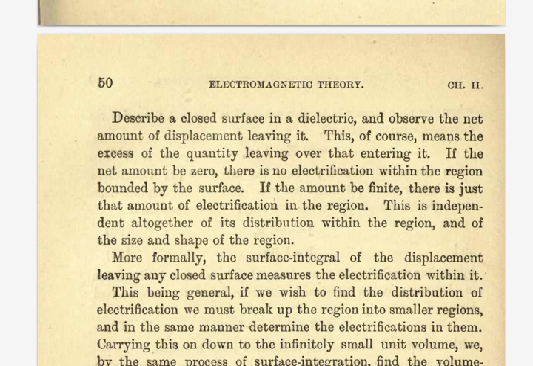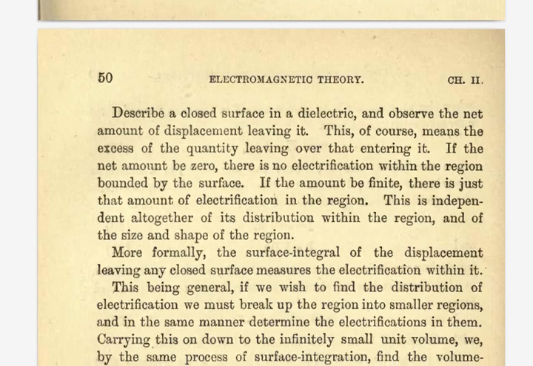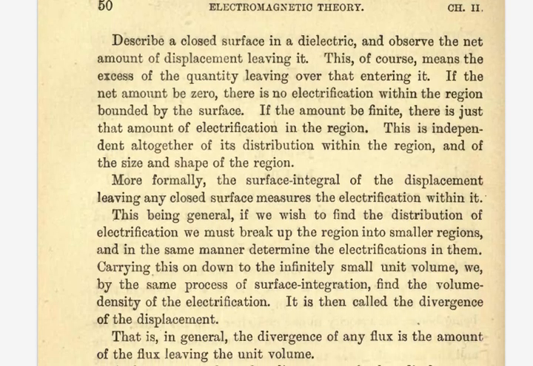If the net amount be zero, there is no electrification within the region bounded by the surface. If the amount be finite, there is just that amount of electrification in the region. This is independent altogether of its distribution within the region, and of the size and shape of the region. More formally, the surface integral of the displacement leaving any closed surface measures the electrification within it.